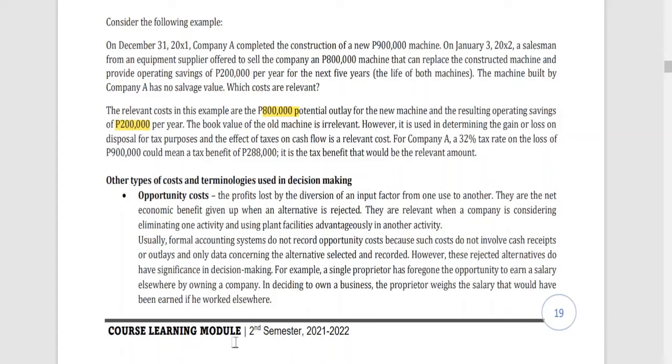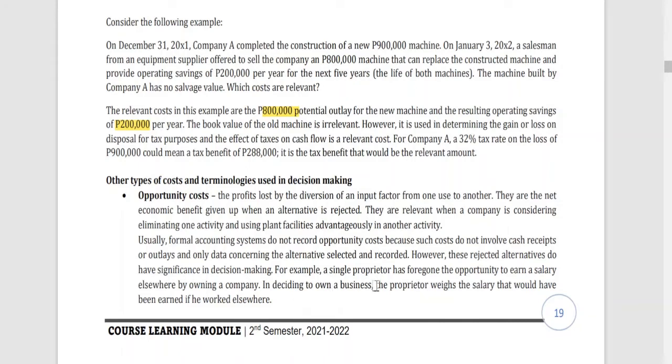Wala gyud tay actual nga na-expensed. We are only considering unsa ka ato unta ang na-receive kung gipili pa nako ni nga alternative. Kay tungod kani akong gipili, nawa tong isa. Okay? So katong nawa nimo nga opportunity, nawa nimo nga kita, nawa nimo nga gain, mao to siya si opportunity cost. So, however, these rejected alternatives do have significance in decision making.